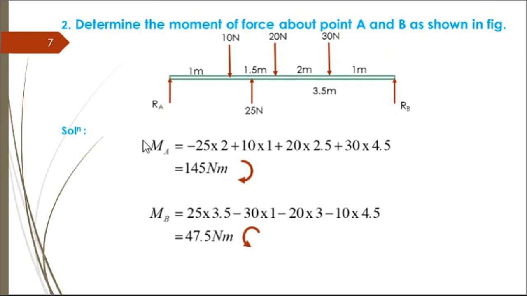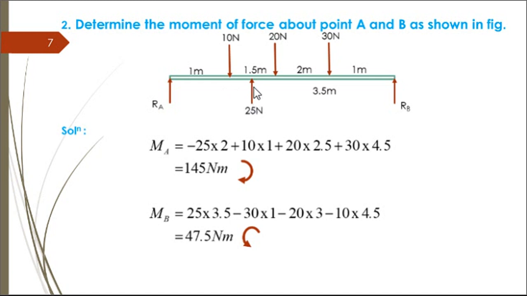So let's consider the moment about point A is equal to, so 25 Newton, the vertical force, so the perpendicular distance: the total length A to B is 1 plus 1.5 plus 2 plus 1, that is 5.5, and this 25 Newton force is at distance 3.5, so the remaining distance here is 2 meter.